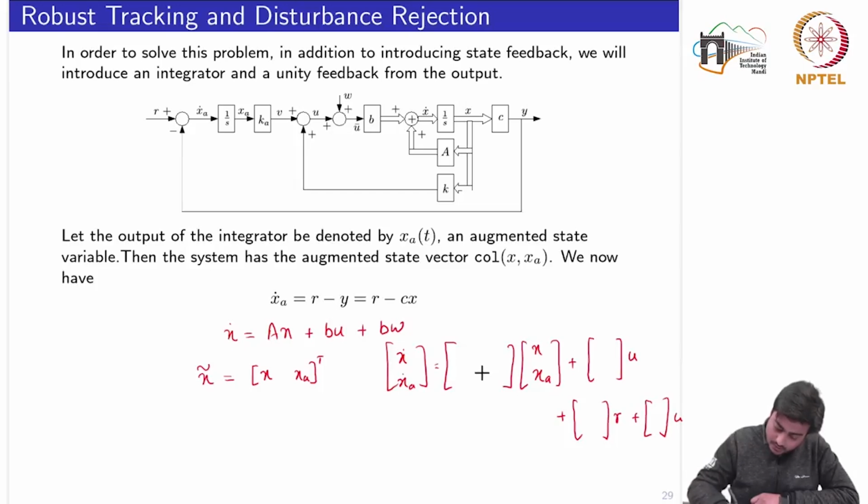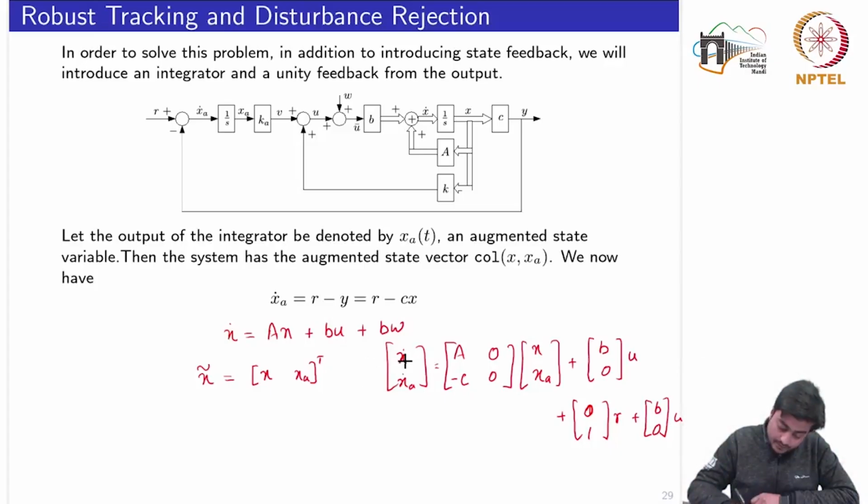So we need to see what would be the associated matrices and vectors with respect to the different variables u, r, and w. So if we see here, we would have b, 0, b; x dot a is defined in terms of x, it would be 0, 0 and 1 and 0. So this would be our augmented plant.